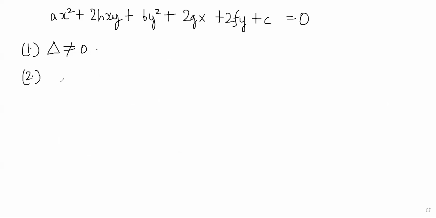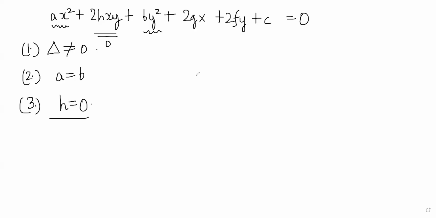So discriminant is not equal to 0, A is equal to B, and third condition is H is equal to 0. So basically what we have is, it should not be a pair of straight lines, and the coefficients of x square and y square should be same, and there should not be any xy term. This term should be 0, right?